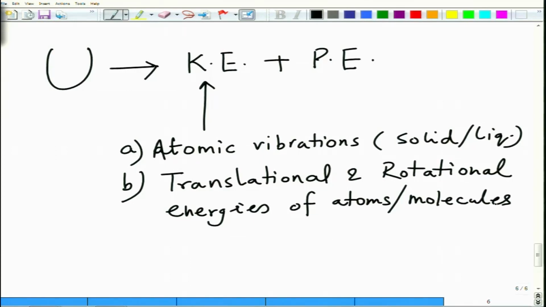Again, these could be within the liquid phase or gas phase. Generally, translational and rotational energies are more significant in liquid and gas phase, whereas atomic vibrations are more in the solid phase. So, this is the kinetic energy term.